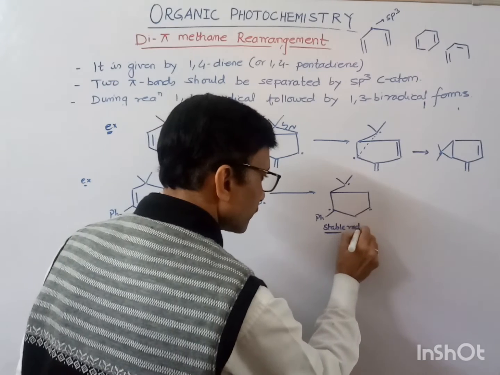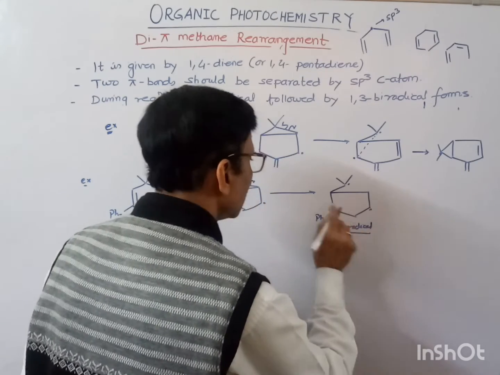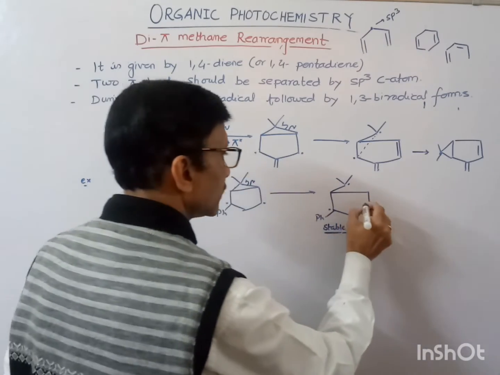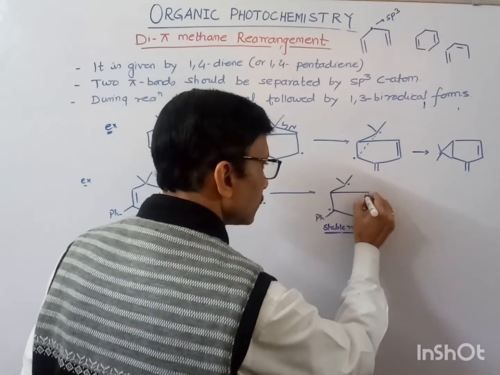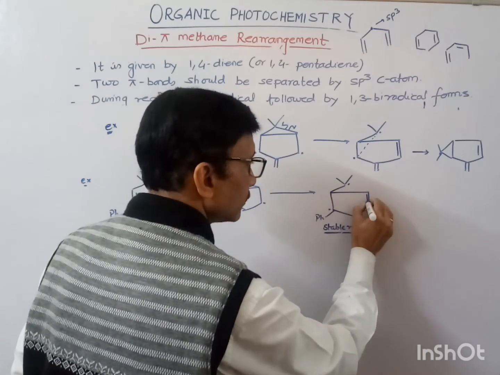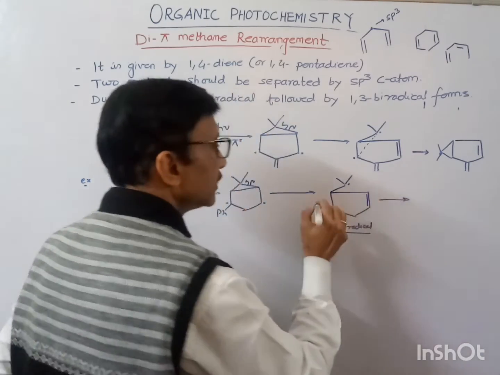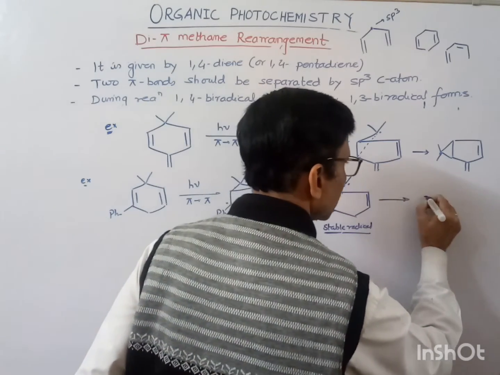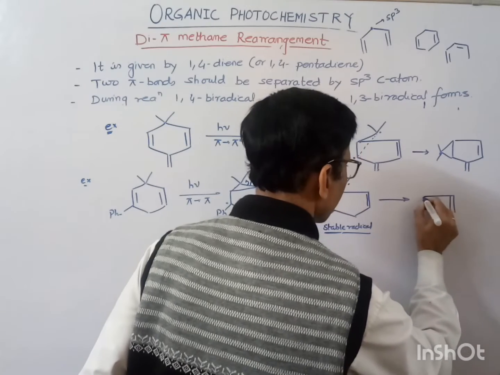So we should break the ring from this position, this bond should be broken, and we have one double bond and a radical over here, and this radical will form a double bond. Finally, the product that we may write, this may join, is the rearranged product that we will obtain.